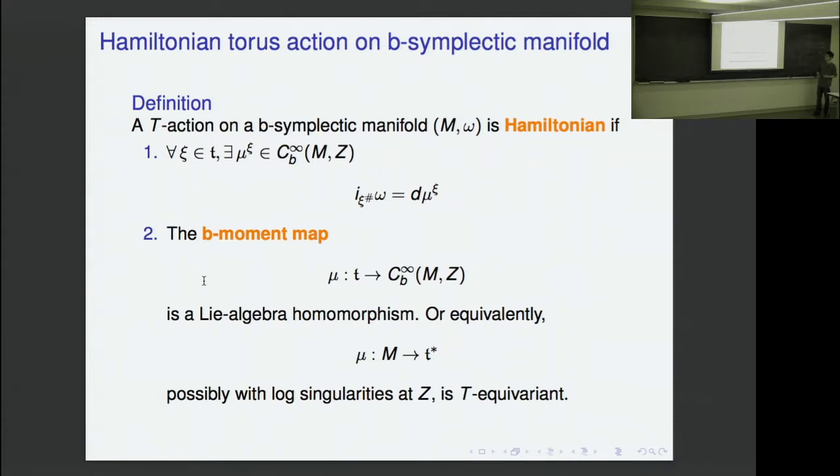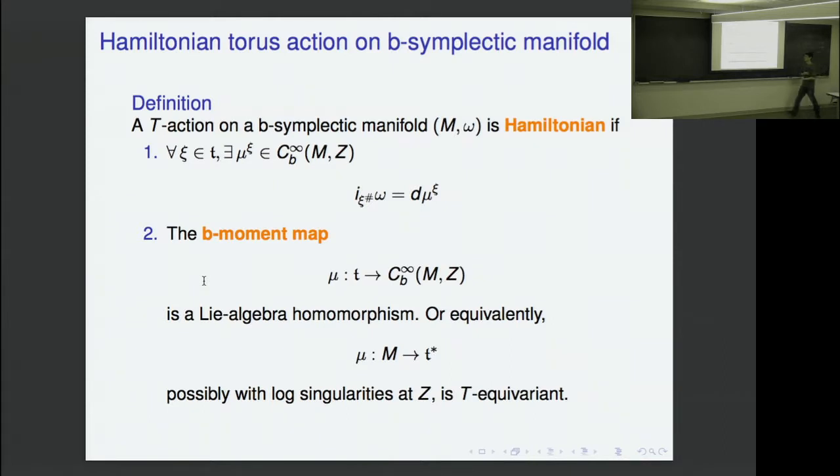So we just require the T action to preserve the b-symplectic form, and then we say that this is Hamiltonian if this contraction is actually exact, so that the primitive function is in the set of b functions. So it's going to be smooth away from the singular locus, and it might have some log singularity at the singular locus.